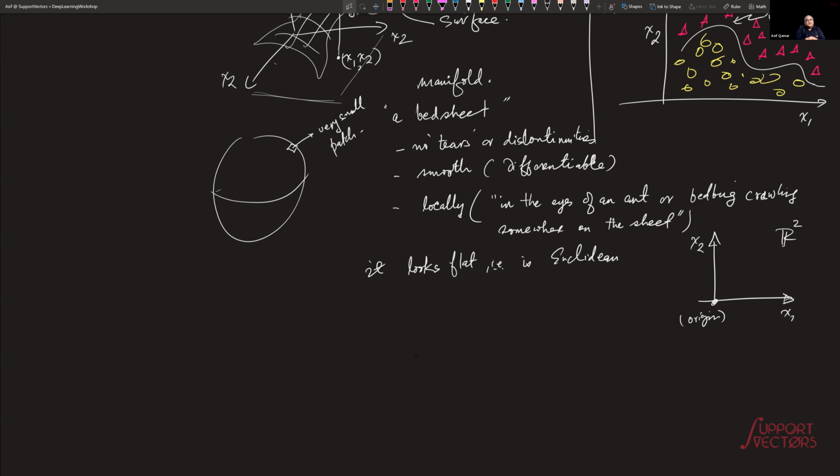Do we agree to that point, guys? Simple point I'm making. Now, if you further impose this notion that it is smooth, differentiable and continuous, and by the way, algorithms like deep neural networks always produce such functions. That's what you will get by and large.